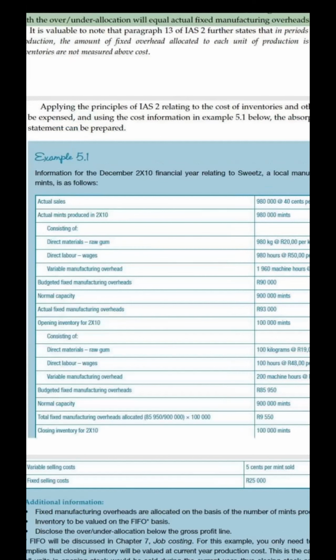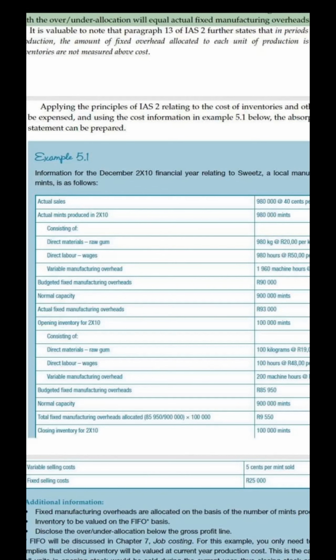Right, so we have two direct costs there, direct materials and direct labor. Then on the other side, in the notes, I spoke about indirect costs again. Indirect costs are overheads, the other term given for indirect costs. But how do we treat overheads? Overheads can either be variable or fixed overheads.